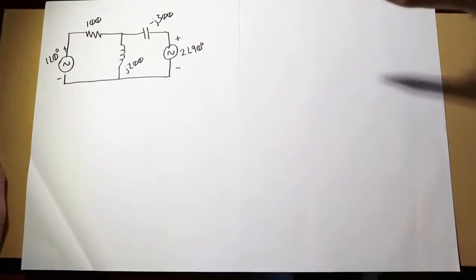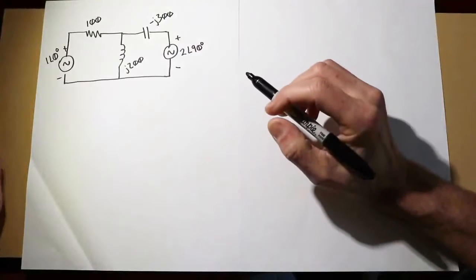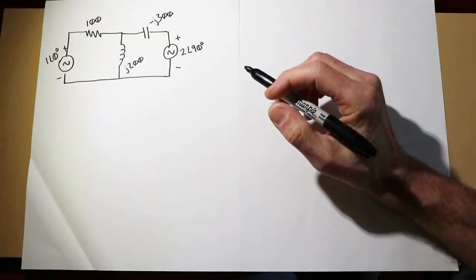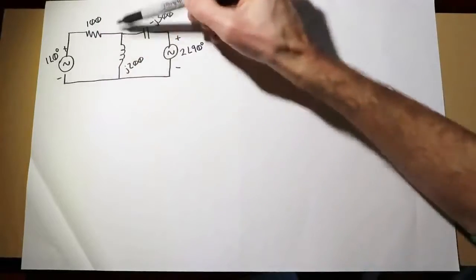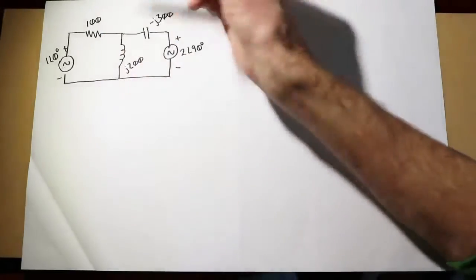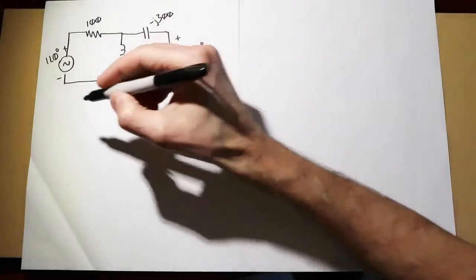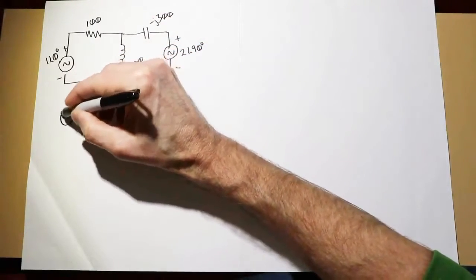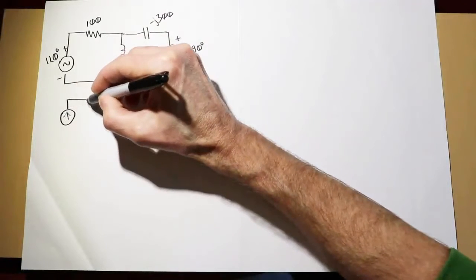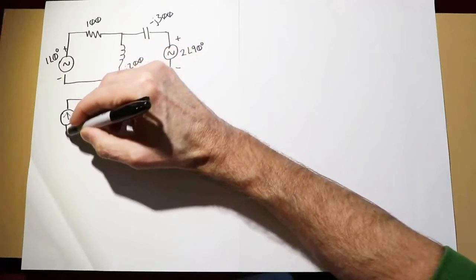Now, one possible method of solution for this particular circuit is through the use of source conversion. You could do a source conversion on this first source with the 100 ohm, replace that with a current source, which would look something like this. The resistor, of course, would be in parallel.